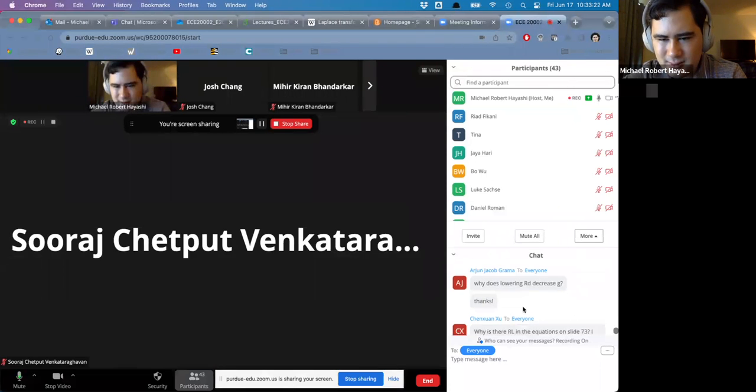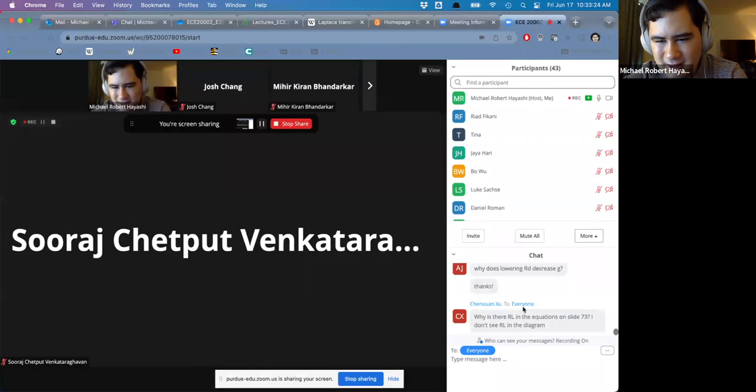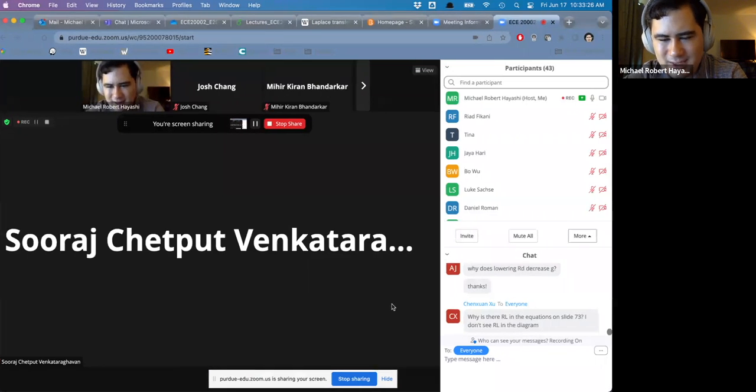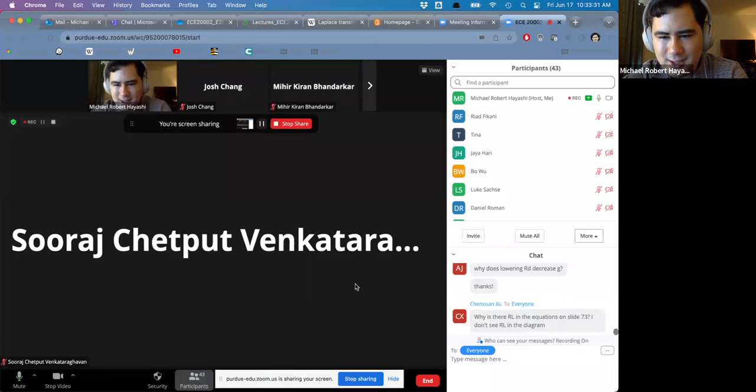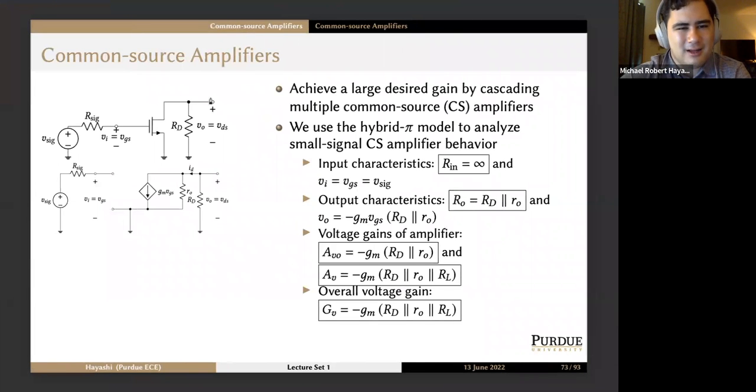Questions? Why is there RL in the equations on slide 73? I don't see RL in the diagram. Chen Zhuan, this would be if we attached one to the output. We didn't deal with it, but pretend there's an RL connected to ground here, for any time we deal with voltage gain of the amplifier proper or overall voltage gain.